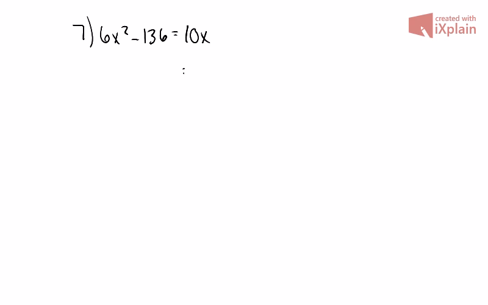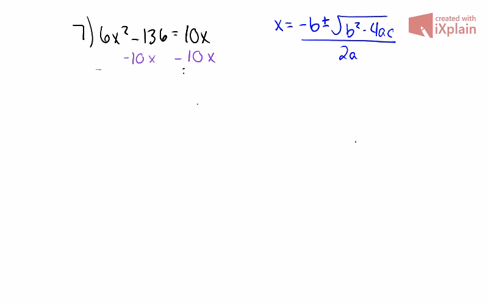And again, we're using that same formula, so I'm going to copy it down over here. Alright, and again, I have to set it equal to 0 in order to use that formula, so I'm going to subtract my 10x, and I would be left with 6x squared minus 10x minus 136 is equal to 0.